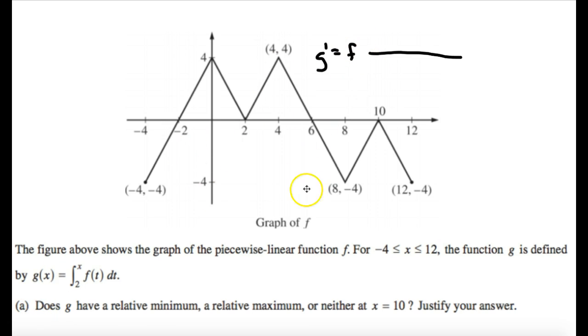The places where f equals 0 are -2, 2, 6, and 10. Right? So then we're saying, well, the derivative is negative here, positive here, positive here, negative here, and negative here. So at 10, we don't change sign.